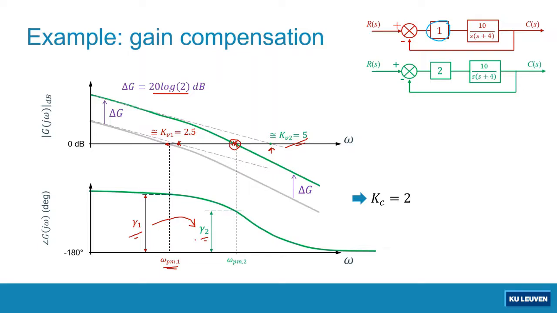There might be a case where you don't want to increase the static error constant, but instead you want to increase the phase margin. You might be able to do that by introducing a proportional controller. By tuning the proportional gain, you can change the phase margin, which in turn will also change your damping ratio.